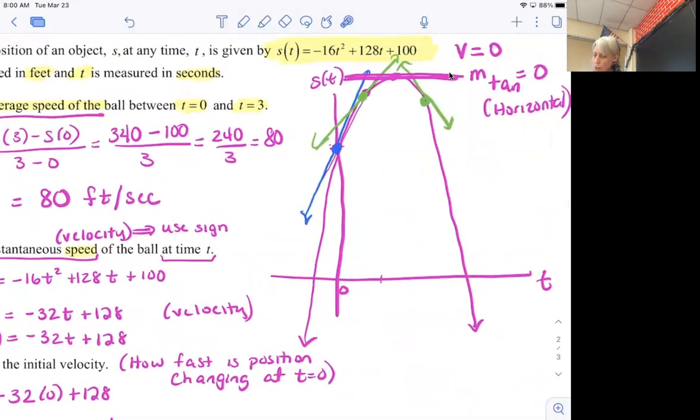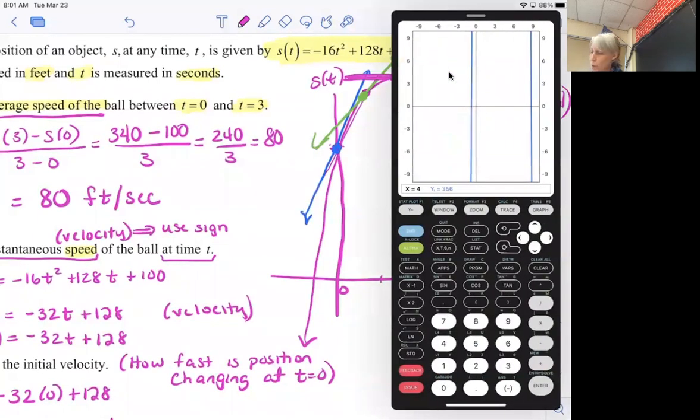Well, this is the ground over here, but that doesn't matter. It hits the ground at this root. So we need to find that value. I don't think we're going to be able to factor this one. So we're just going to go straight to our calculator. I want to remind you how to find a zero.